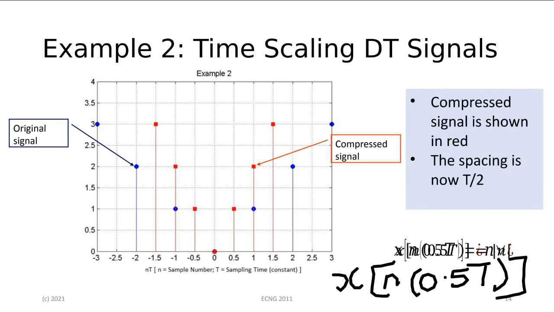We have to change it because it occupies half the time, which means the spacing has to go from 1 to 0.5. This is what you're seeing in red here. It now runs from -1.5 to 1.5, which is 3 seconds. The amplitudes are unchanged. Notice that we have not changed the amplitude at any point.